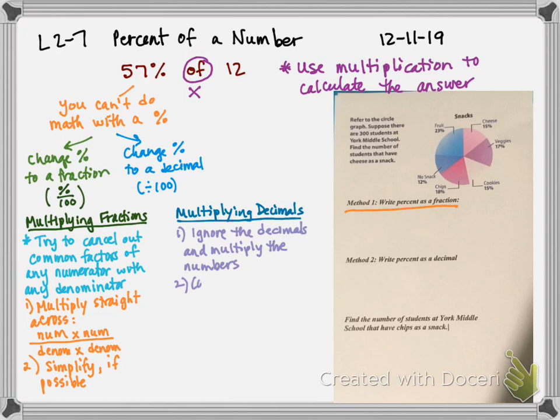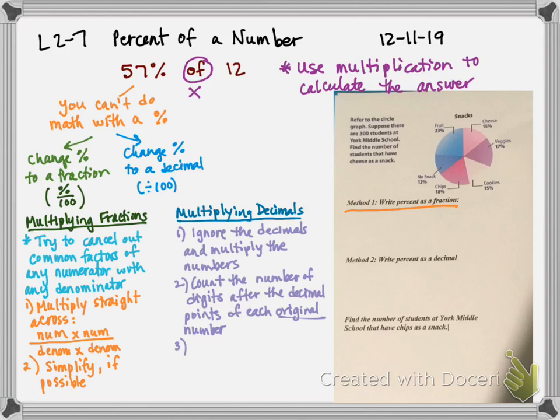So to do that, we're going to count the number of digits after the decimal points of each original number. Okay? Then we got to put the decimal into our product.